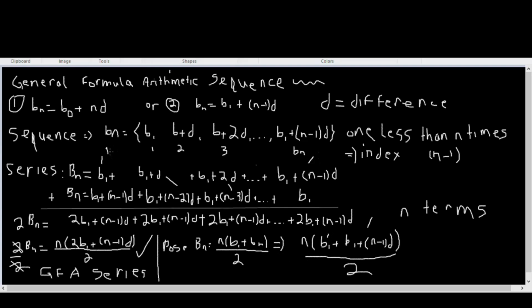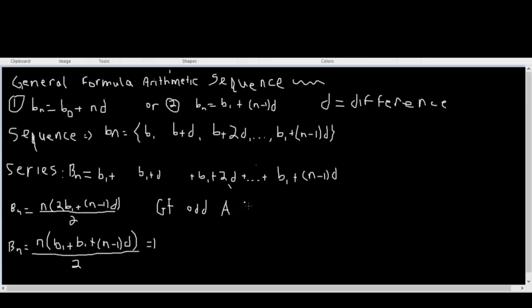Notice the first term is b sub 1 in our series, and the last term also equals the last term in our series. First term, b sub 1. The last term, b sub 1 plus n minus 1 times d. So indeed, that checks out. Are you with me so far? Let's test out that formula.